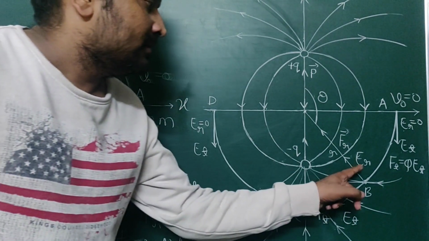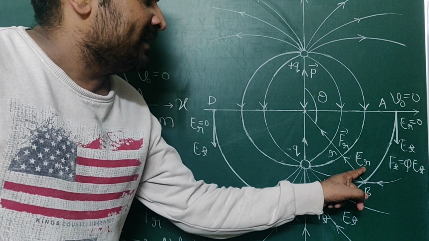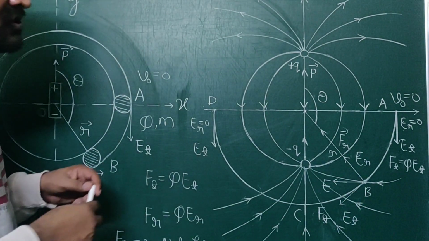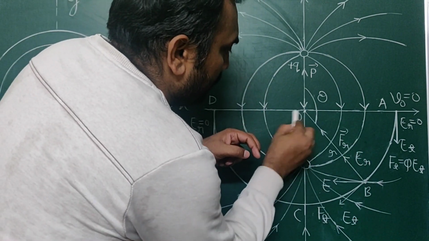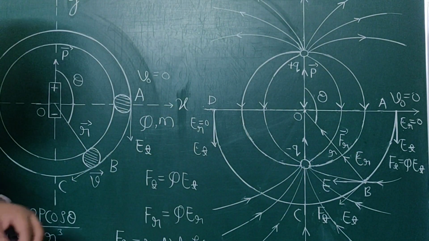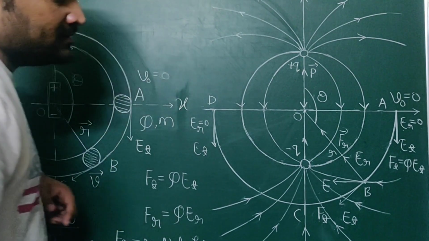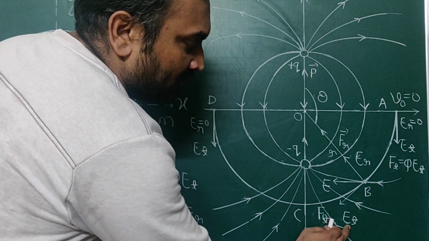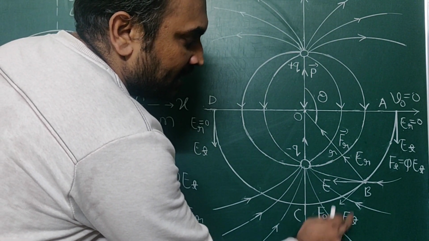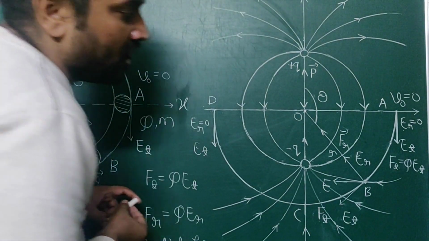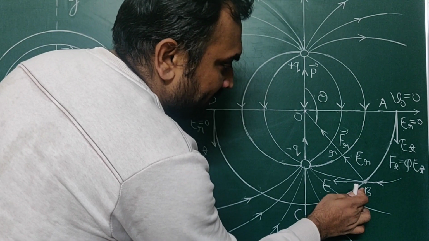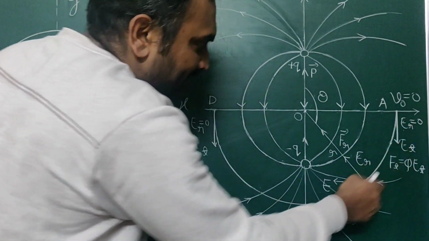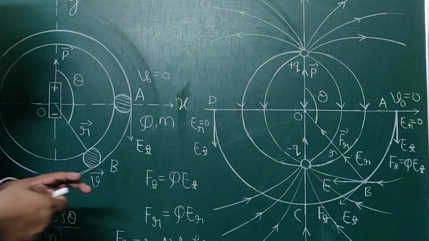The first one, the radial component of the electric field, which always acts towards the center of the dipole O, and the other one, the tangential component of the electric field at point B, which always acts along the tangent drawn at point B on the semicircular path of the bead.